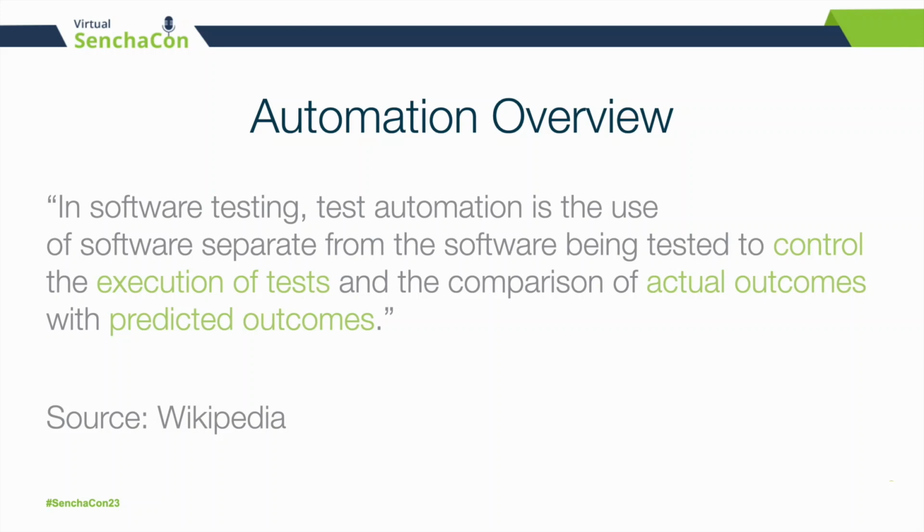To summarize what is automation, here is the definition I found in Wikipedia. It says, in software testing, the test automation is the use of software separate from the software being tested to control the execution of tests and the comparison of actual outcomes with the predicted ones.